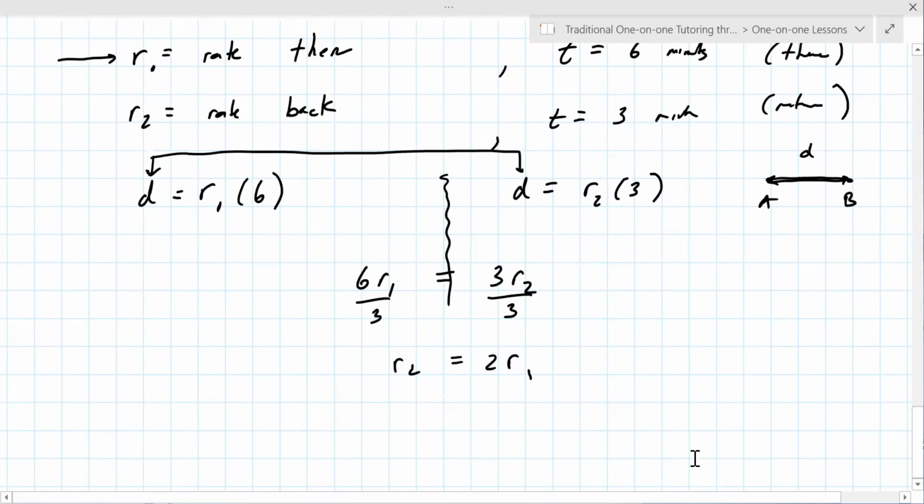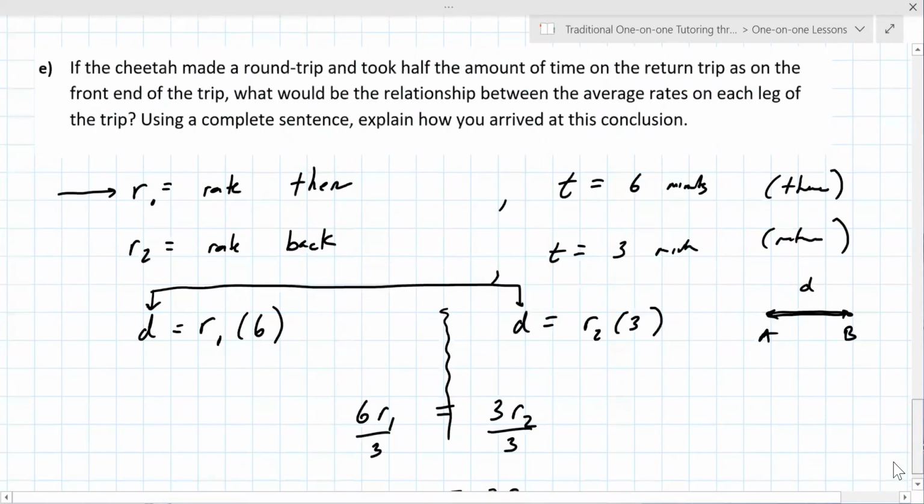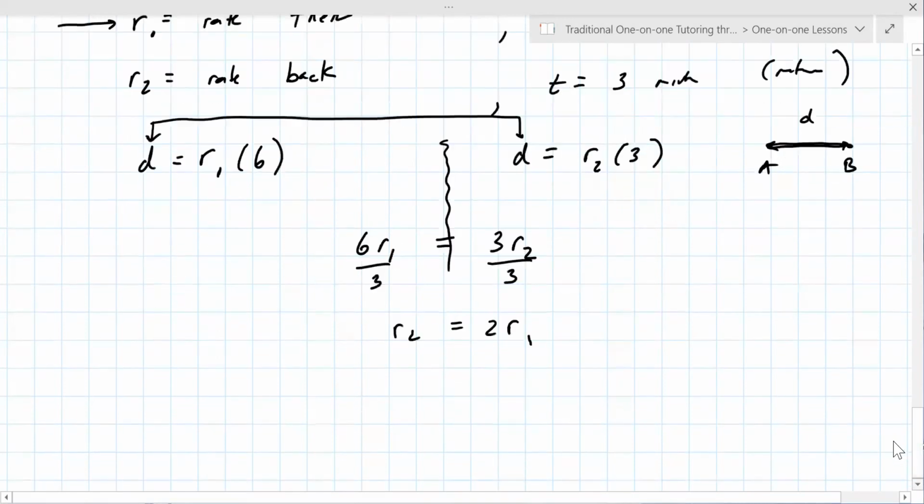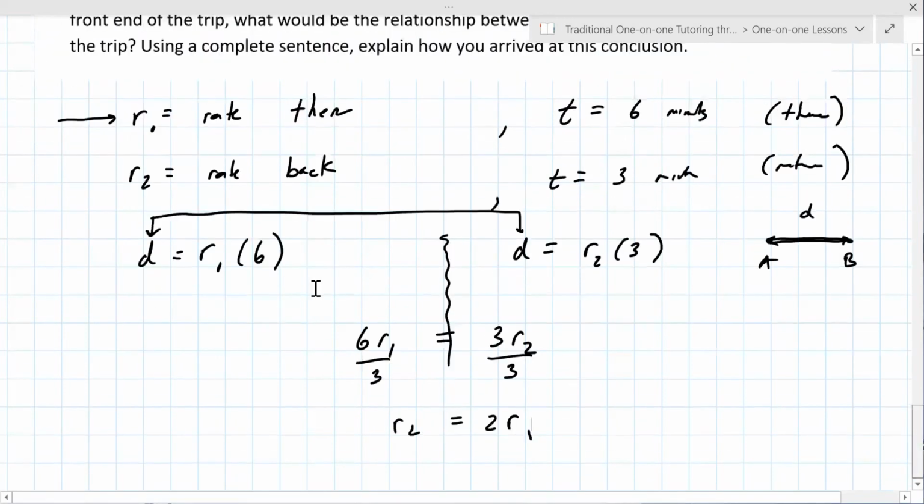So let's go back and summarize. This is key here because this is what needs to make the most sense. I'm just trying to frame the picture. When you went there, it took 6 minutes. When you went back, it took 3 minutes. So if it takes you twice as long to get somewhere, that means you must have gone half as fast.